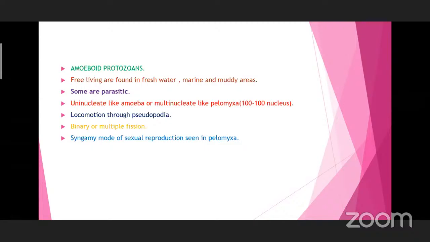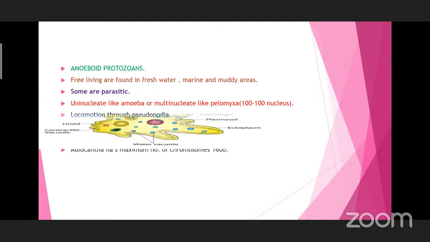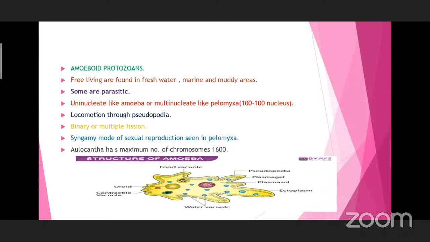Syngamy mode of sexual reproduction is seen in Pelomyxa and Actinophrys. Actinophrys has maximum number of chromosomes, 1600. We have only 46 chromosomes, that is 23 pairs of chromosomes, human beings. But it is having 1600 chromosomes, and this is amoeba you are familiar with, and it belongs to the Sarcodina group under the protozoans.